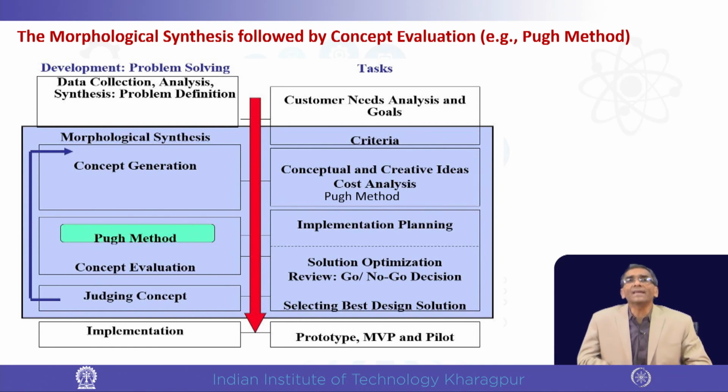Here one thing at the end: this morphological design, if it is done correctly through these steps, helps to build the right architecture into a good prototype or MVP for pilot. A prototype we understand, and an MVP is a minimum viable product, where some of the features are tested prior to building the complete product.